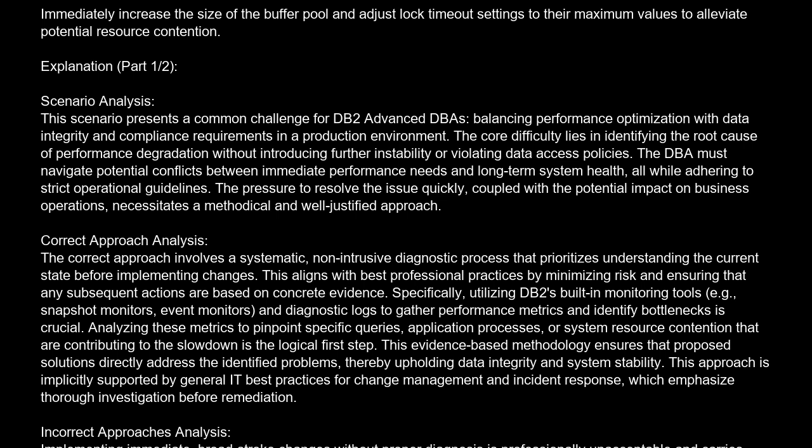Analyzing these metrics to pinpoint specific queries, application processes, or system resource contention that are contributing to the slowdown is the logical first step. This evidence-based methodology ensures that proposed solutions directly address the identified problems, thereby upholding data integrity and system stability.